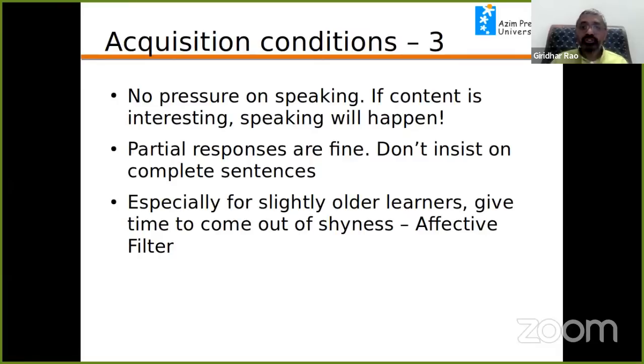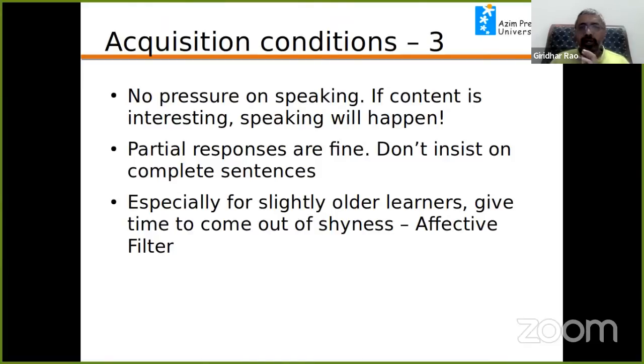There is so much to say about such an activity, and that is precisely the reason why the first standard textbook has that visit to the zoo of the family, right? So in speaking, just to come back to speaking, partial responses are fine. You don't need to insist on complete sentences from the learner.